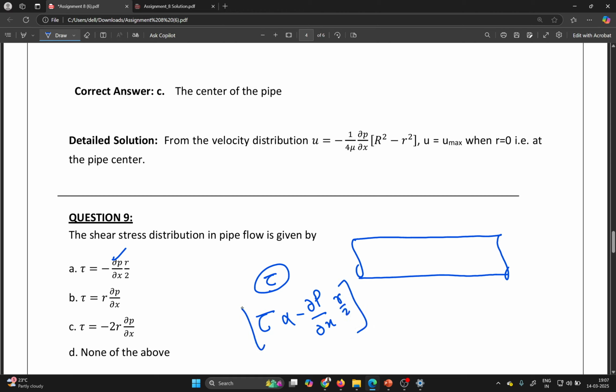As you can see here, think of a linear relation: if this is Y and this is X, then Y is equal to mx. Similar variation will be here also, a linear variation.